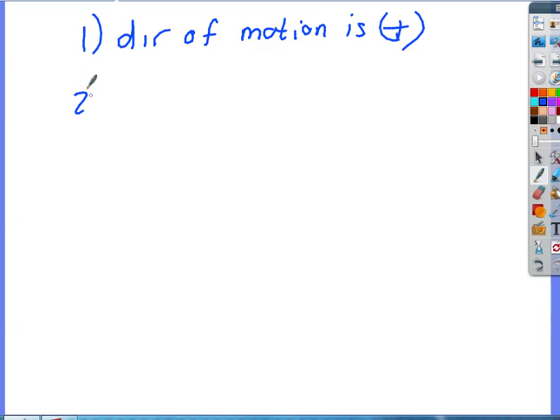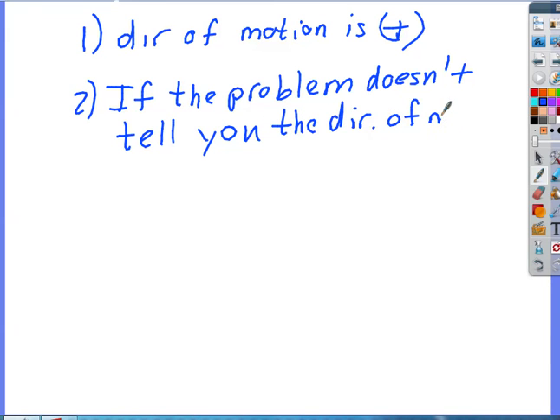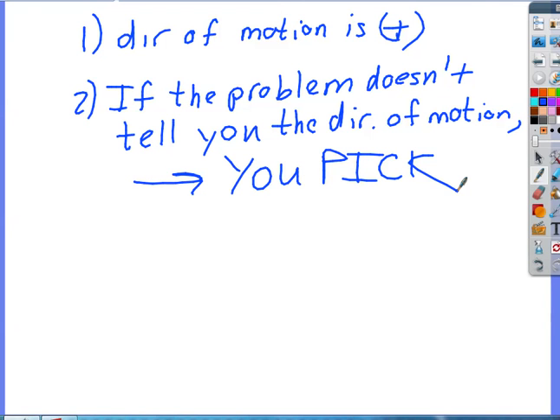Now, one thing that didn't come up: if the problem doesn't tell you the direction of motion, you pick the direction of motion. All right? You pick. It's not going to be wrong as long as you do the problem correctly, as long as you're consistent with making things positive and negative as you need. So don't be scared by that.